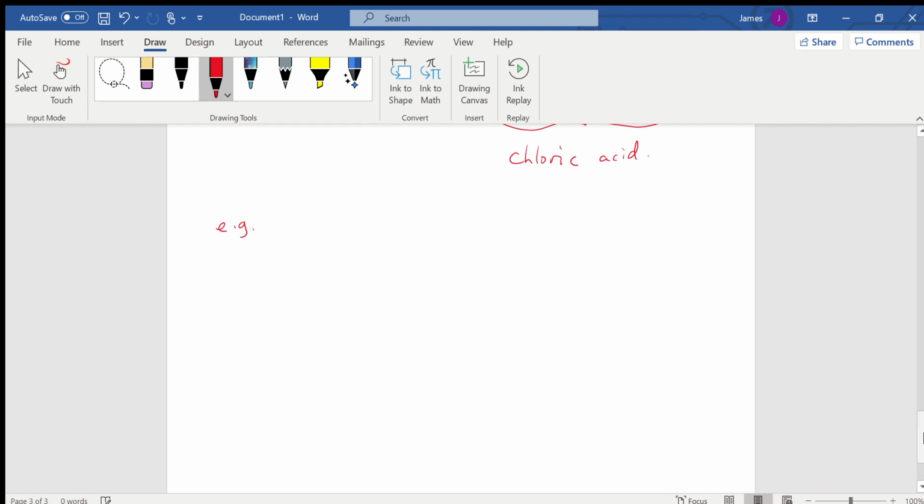What if we had HClO2? So this is one less oxygen than we had before. So I've got a feeling this is going to be an ite, but let's not spoil it. We have H plus ClO2, which I can confirm is chlorite.